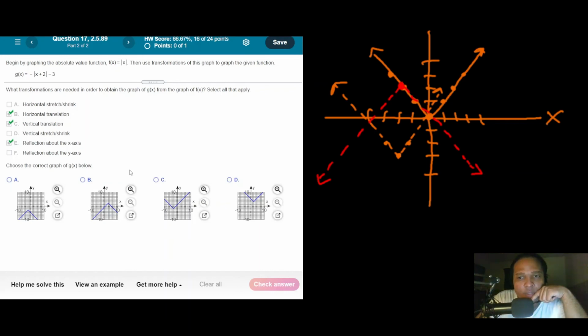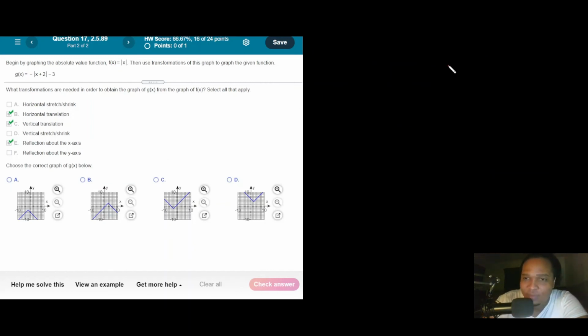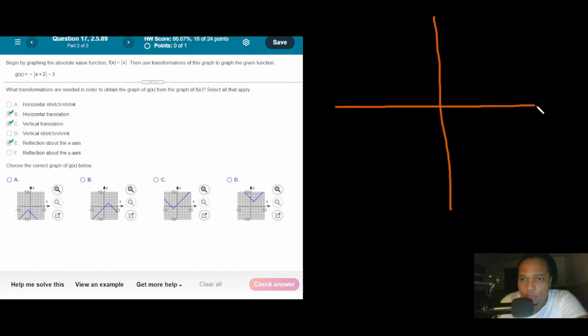Reflect across your x. Oh, I made a little boo boo. Reflect first. We're gonna reflect first, and then we're gonna shift. So here's where we start. Reflect first. And I had just said that a couple of minutes ago.